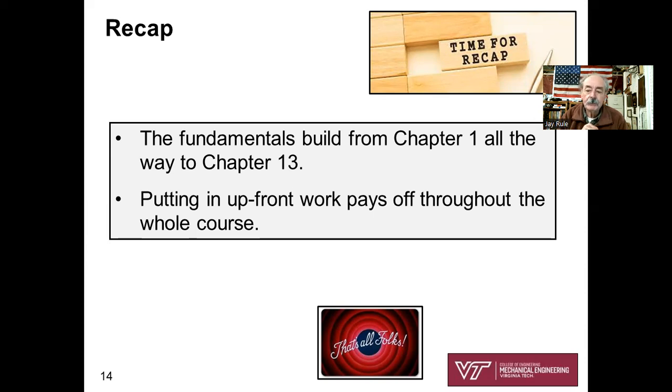The point I'm trying to make in this last video, the third in the set, is to demonstrate to you that the fundamentals build on one another from chapter 1 all the way to the end of chapter 13. Each chapter builds on another. And the other point is that putting in upfront work early in your semester is going to pay off for you throughout the whole course.